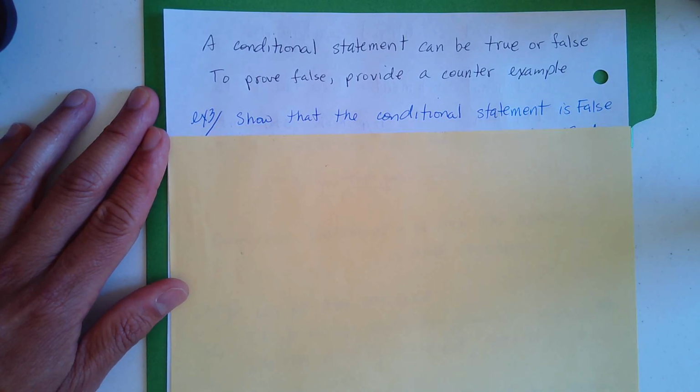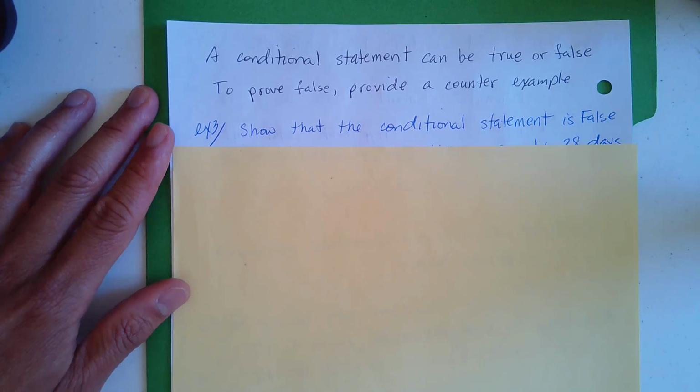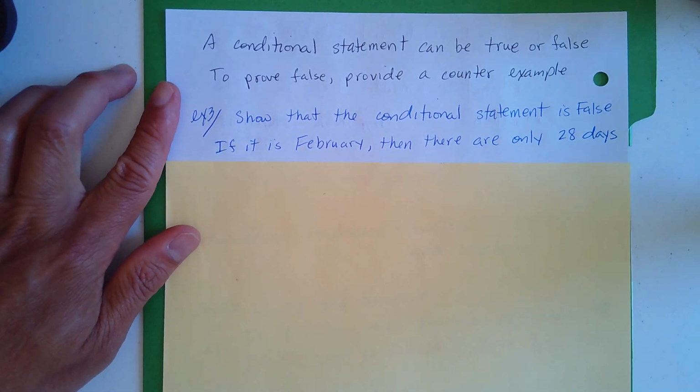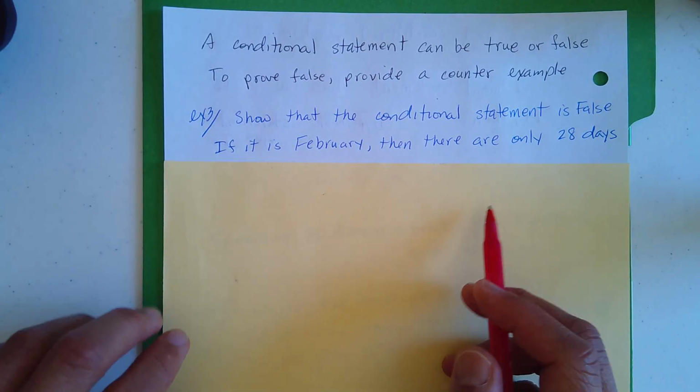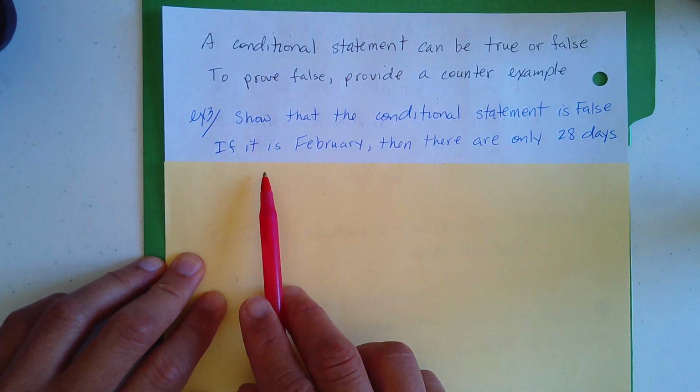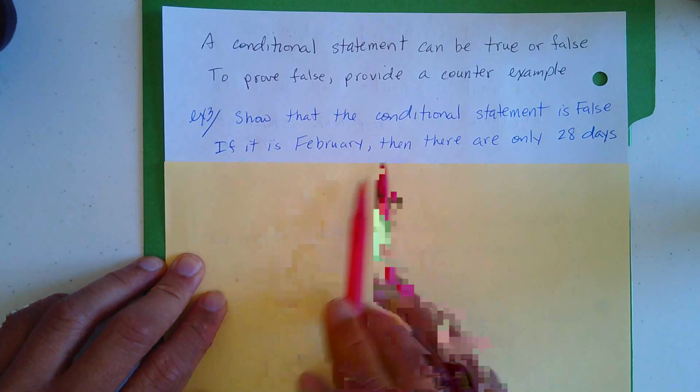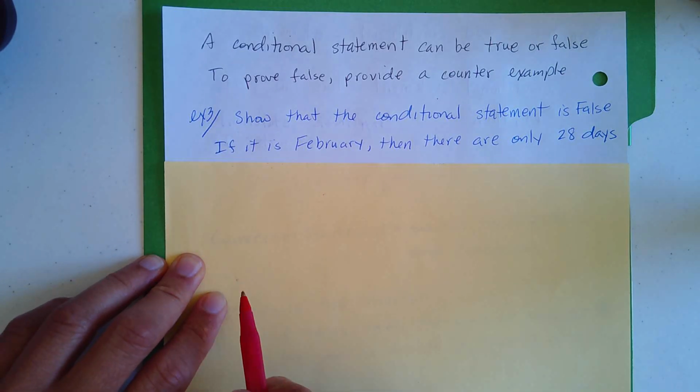So example 3, show that the conditional statement is false. If it is February, then there are only 28 days. Well, this has a false truth value. A conditional statement will either have a true truth value or a false truth value.